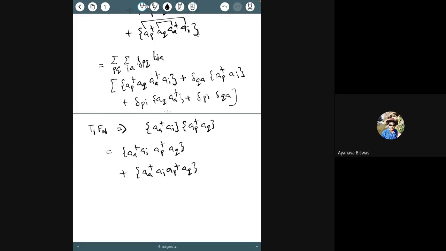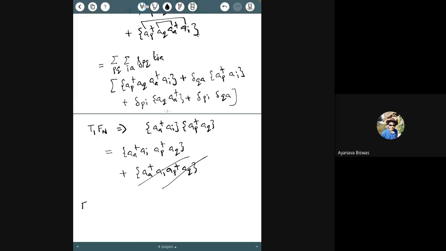The only non-zero contraction possible with a_A dagger is if there is an annihilation operator on its left. So that is not here. So a_A dagger cannot be contracted. For a_I, the only non-zero contraction is when you have a dagger on the left, which can take a label of I. So that is also not there. So here we don't have any contracted terms with T1 F_N.